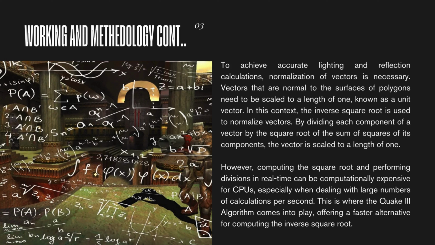Just like we discussed in the previous slide, the vectors must be of length 1, also known as a unit vector, and calculating the inverse square root in real time can be computationally expensive for CPUs, especially when dealing with a large number of calculations per second. This is where the Quake III algorithm comes into play, offering a faster alternative for computing the inverse square root.